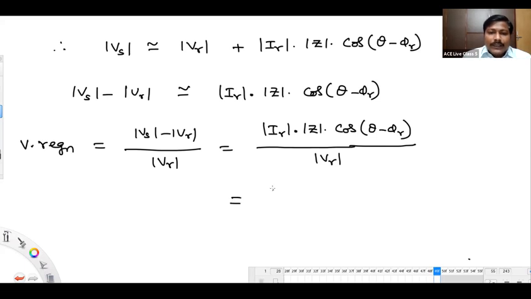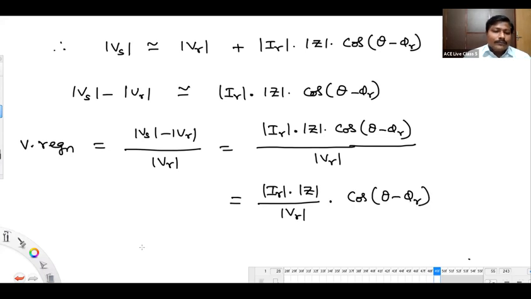So you can write it as mod IR into mod Z by mod Vr, into cos of theta minus phi r.